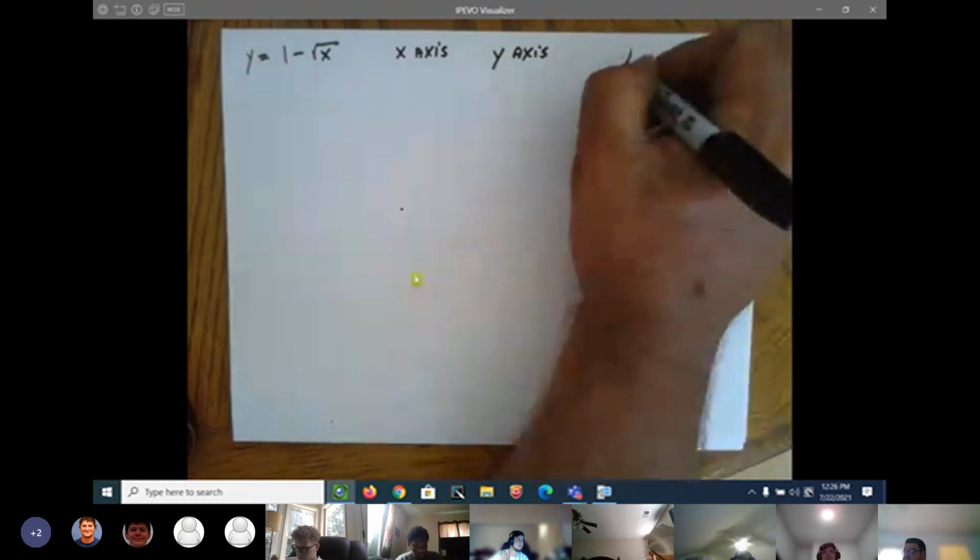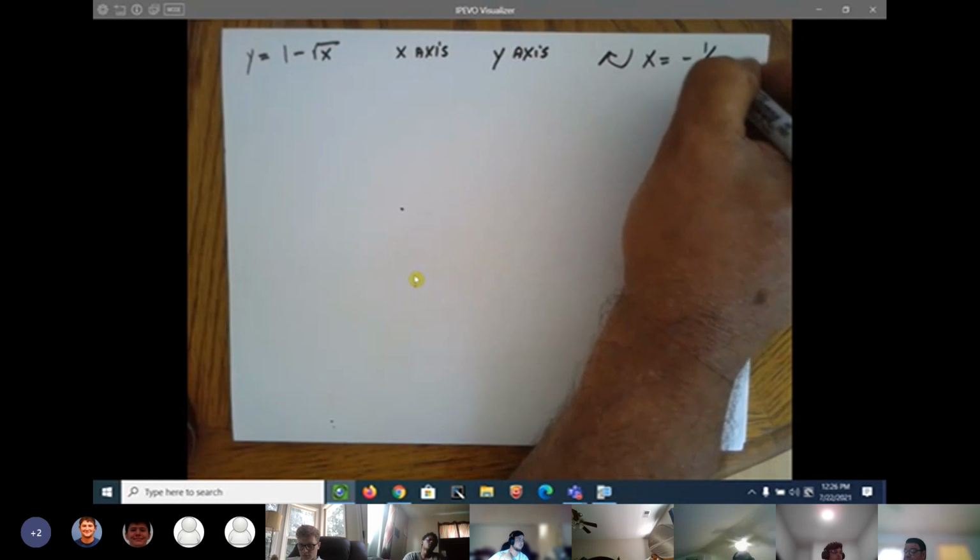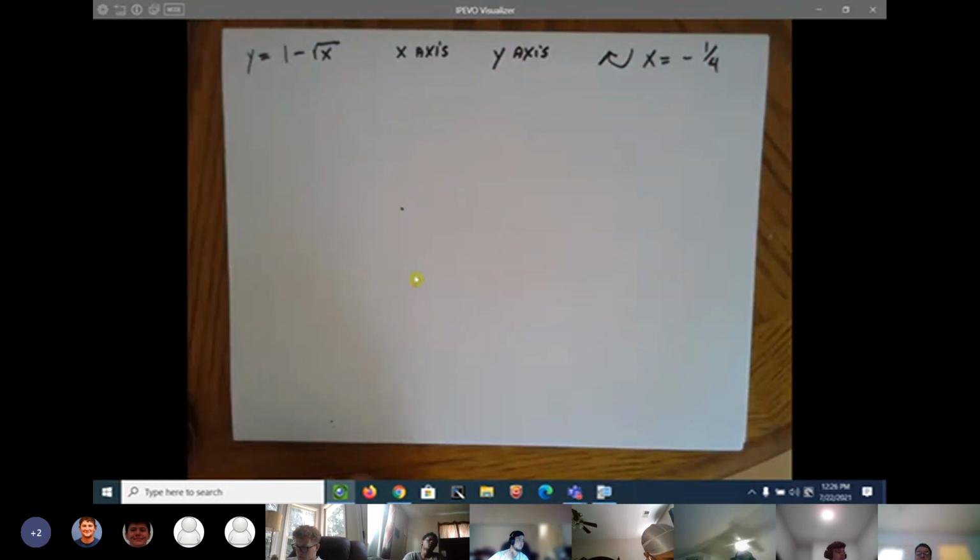And it's revolved around the axis of x is equal to negative 1/4. I want you to do the shell first and do the washer after that. Give y'all a few minutes to get started on it.